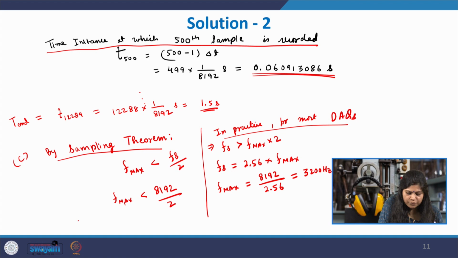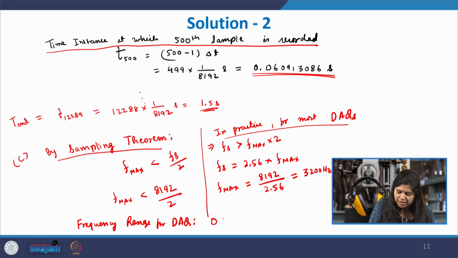So, the frequency range for the given DAQ setup is going to be from typically 0 hertz, and since most DAQs do not function at 0 hertz, we usually start at 10 hertz. That is again a generic setting for most DAQs. So, you can take 10 hertz to 3200 hertz with a setting of 2.56 factor.